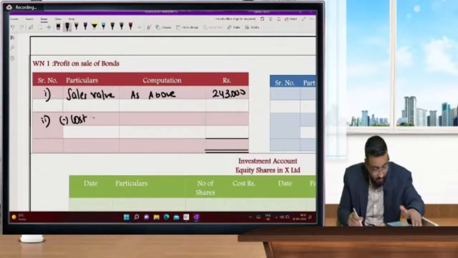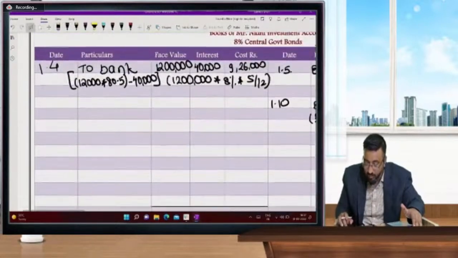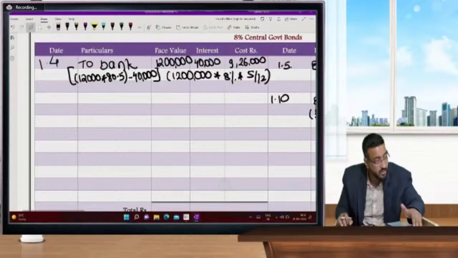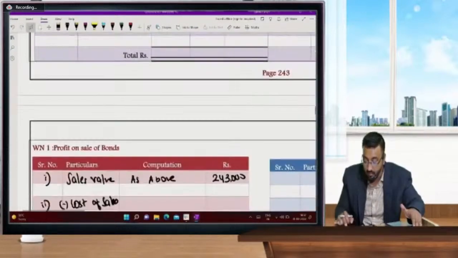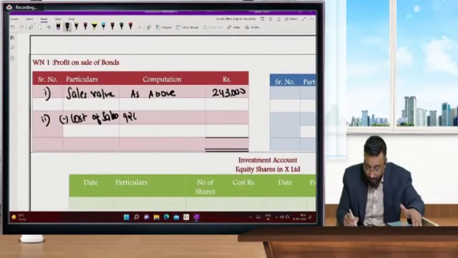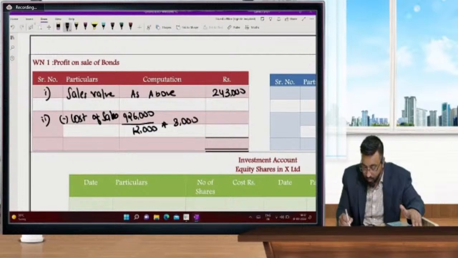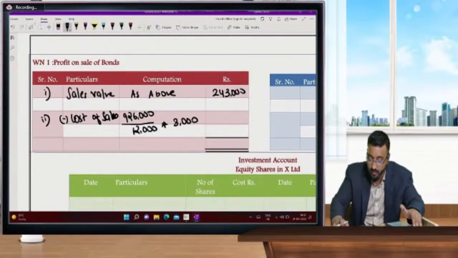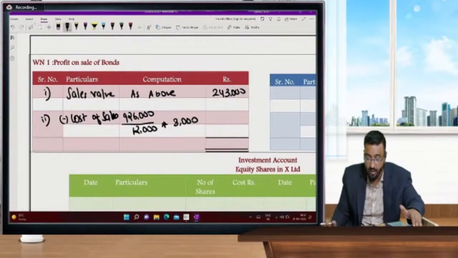Less cost of sales. How many debentures you bought? 9,26,000 mein 12,000. See na, upar. And how many debentures you sold? 3,000. So 926. What is the value? 231,500.